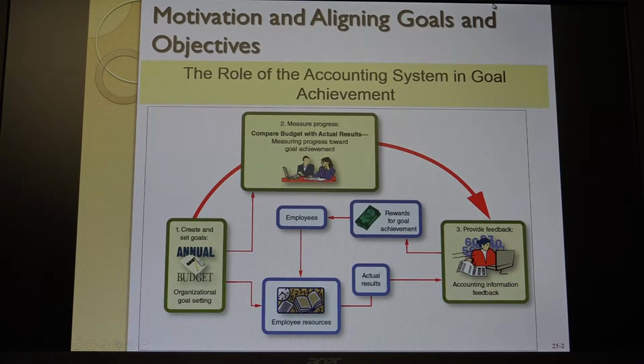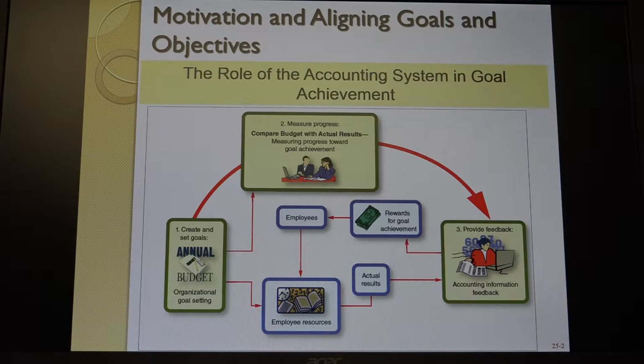And so really, there are three ways that your accounting system helps in goal achievement. The first thing it does is it helps to create and set goals. Usually this is done through the annual budget.